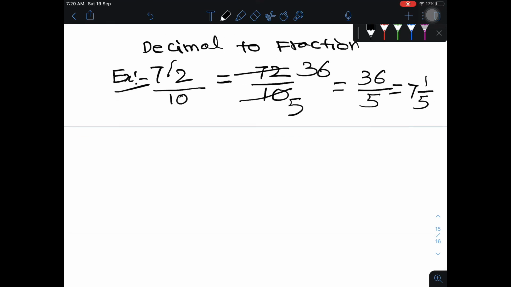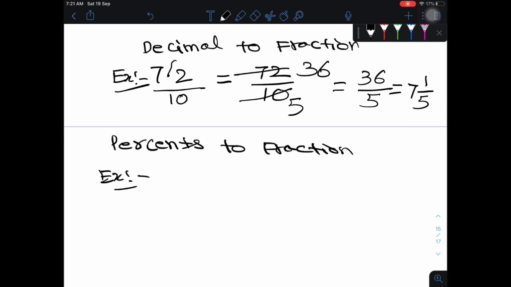Suppose you want to convert a percent to a fraction. Take an example to understand this. Suppose 7 1 by 2 percent and you want to convert it into a fraction. So how will you do it?